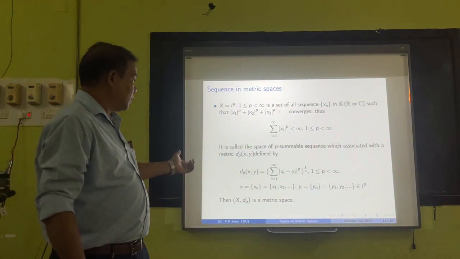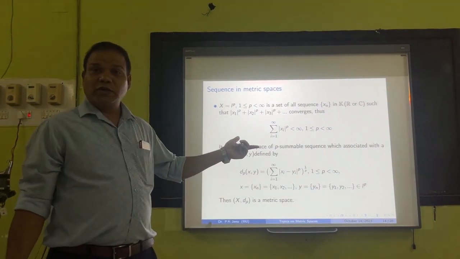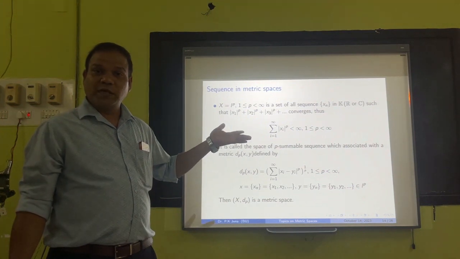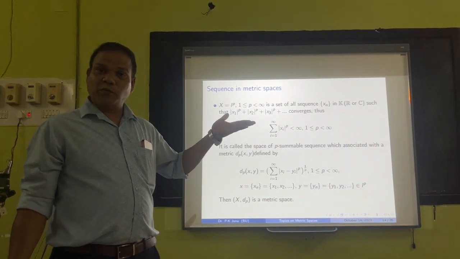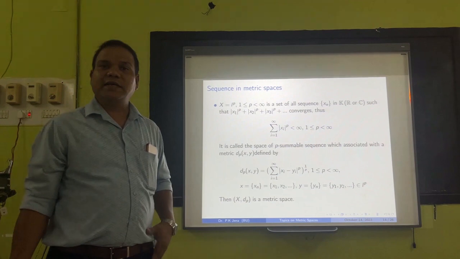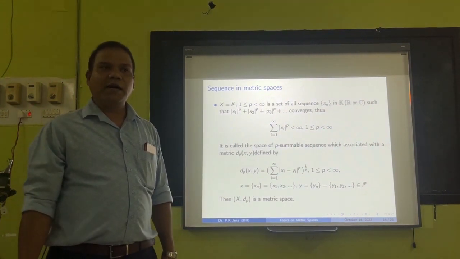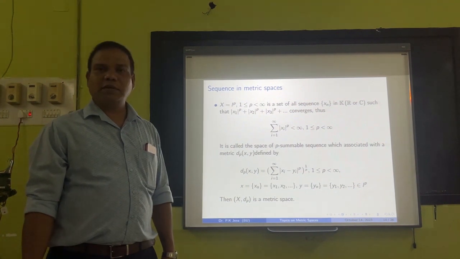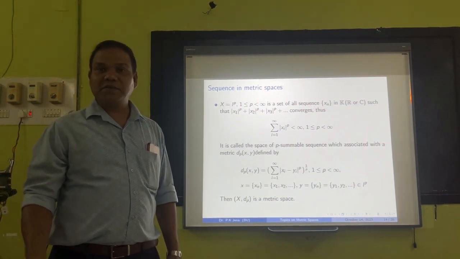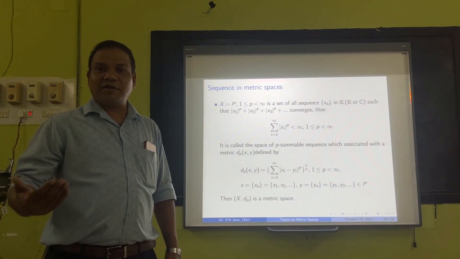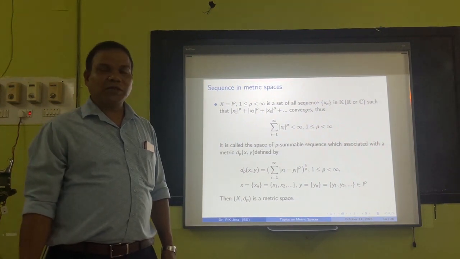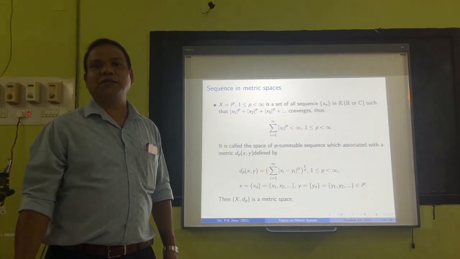To prove the triangle inequality, some auxiliary inequalities are required. For example, the Minkowski inequality is used here to show the triangle inequality, and sometimes we can also use Holder's inequality.